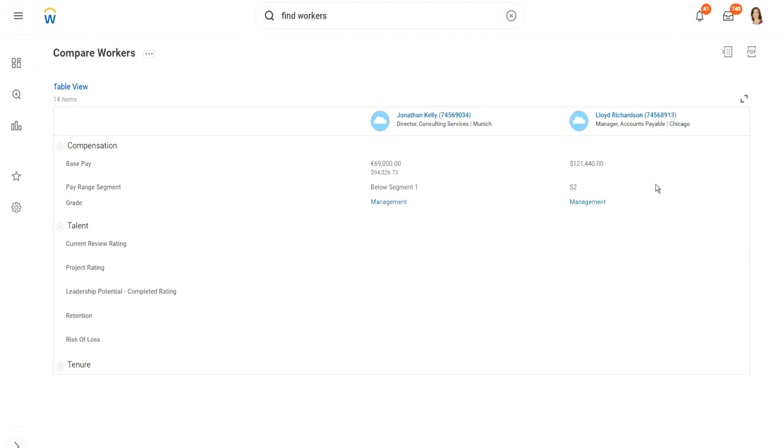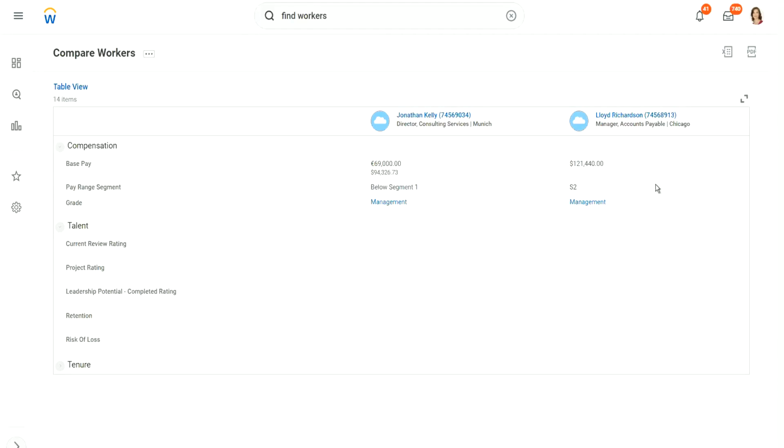Less than average, so the average is a midpoint. If this person is S2, that means S1, S2, S3, and S4, there are 4 segments. So now we are comparing. If I have 2 workers, one is below segment 1, one is S2. Now, what do you understand by this?